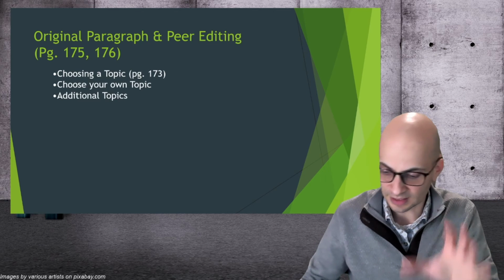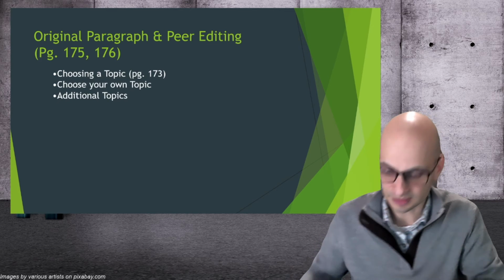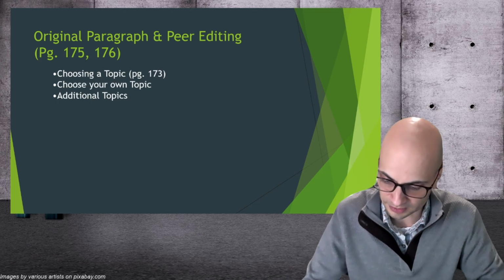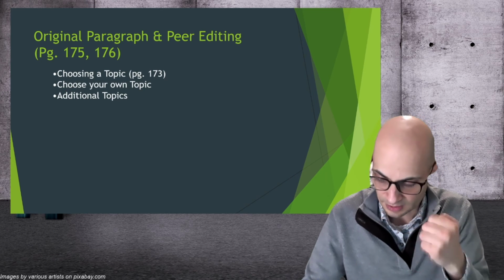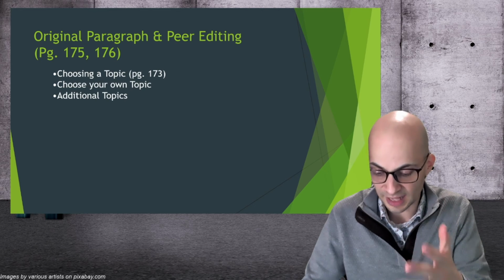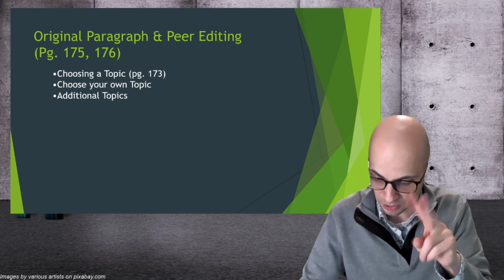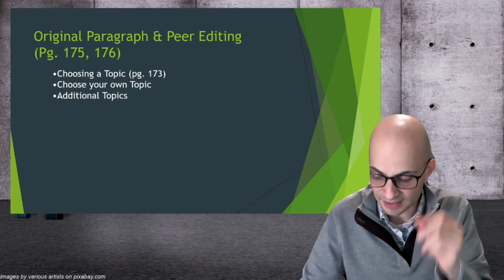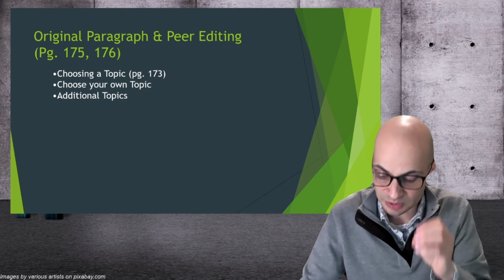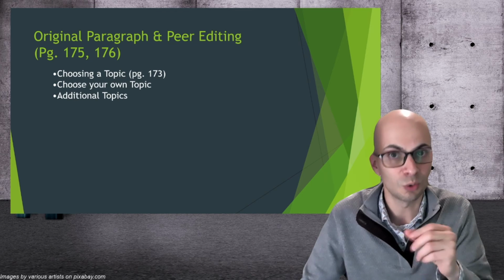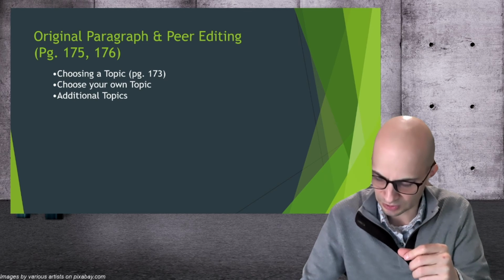The next one is additional topics, page 176, and I'm just going to go through these real fast. Topic 1, do you think professional athletes receive too much money? Interesting. Topic 2, do you think it is necessary to take an entrance exam to enter college or university? Interesting.